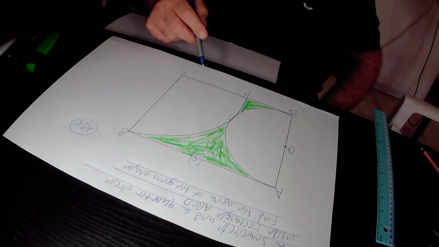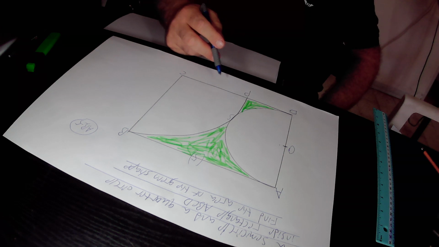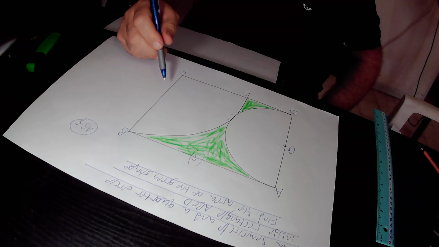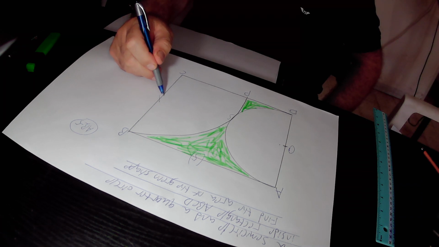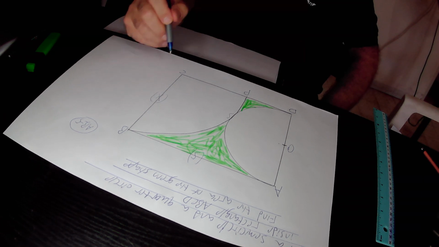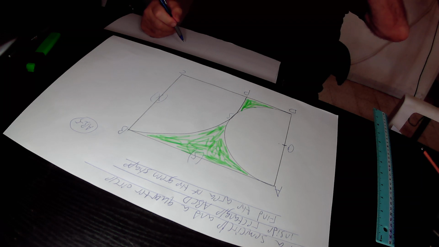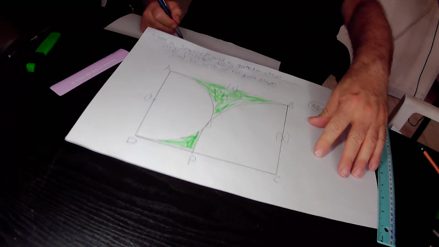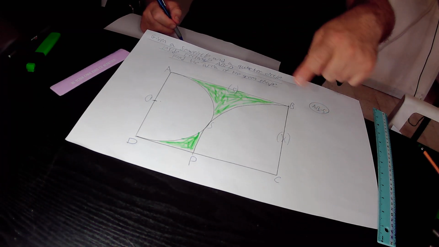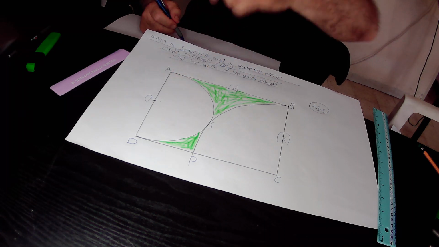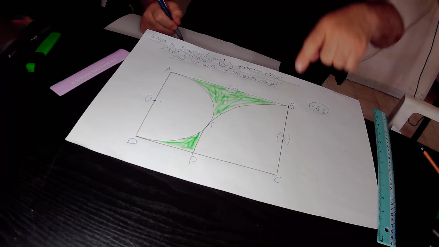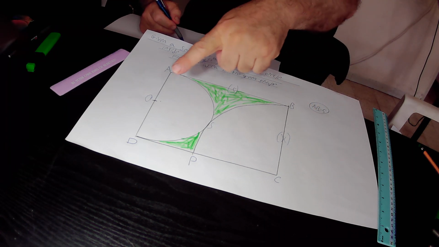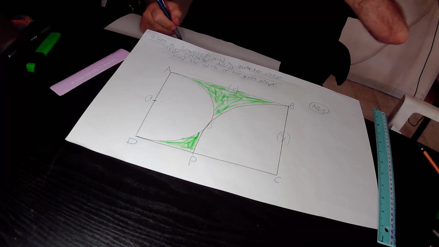So BC is the radius of this quarter circle, and according to our definition, it is equal to x. Okay. We know that the opposite sides of a rectangle are equal to each other. So in rectangle ABCD, side BC must be equal to the opposite side AD. But BC equals x, therefore AD must also be equal to x.